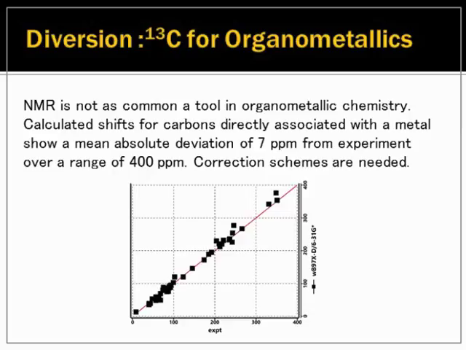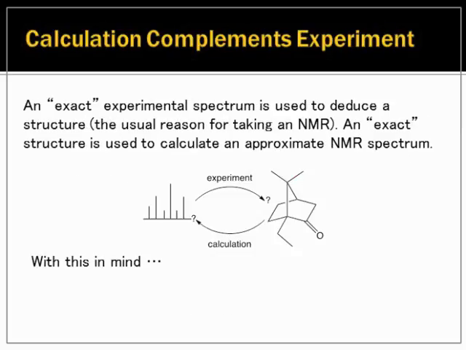Now, I would contend that this is getting to be useful, and I'm going to show you that in the last few slides of this section. I'm asking a somewhat different question. Okay, if you think about an experiment versus a calculation of a spectrum, and NMR is a good case.